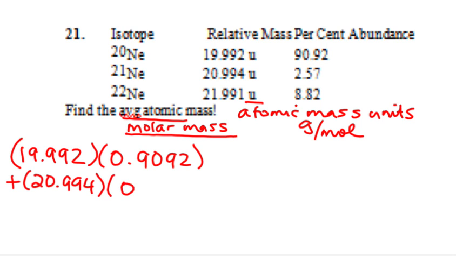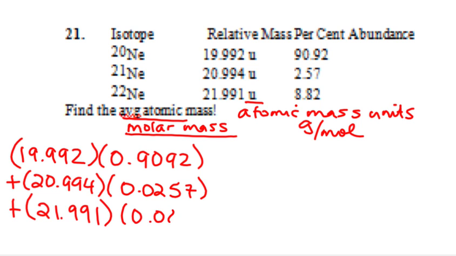Be careful with these small percents. It's 0.0257. So many people will mistakenly write 0.2. And then I'm going to add 21.991 times 0.08. I do have a question before we add these up, and you guys can add them up in the meantime while I'm talking.